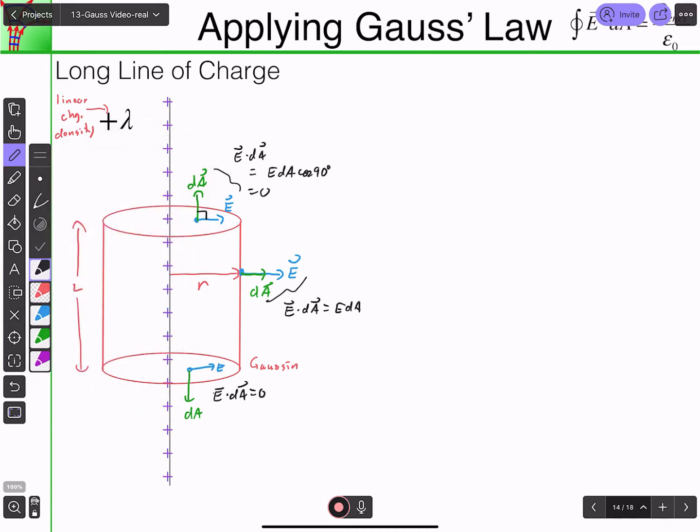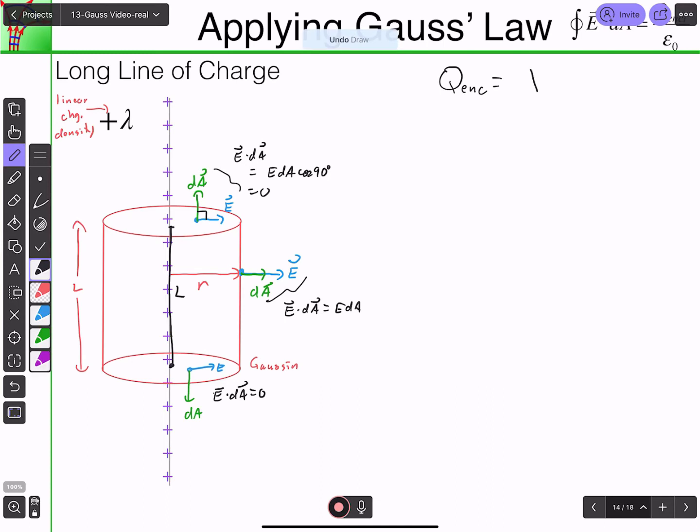We need to find Q enclosed. Q enclosed is how much charge is inside it. So we need the charge along the line that is inside our Gaussian surface. This has a length of L, and the amount of charge per unit length is lambda.